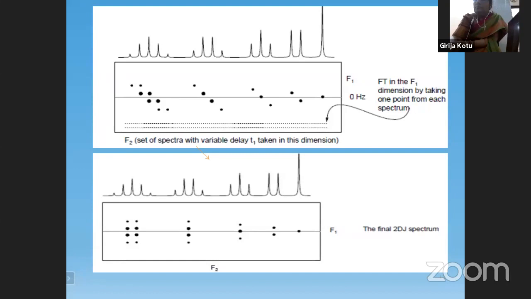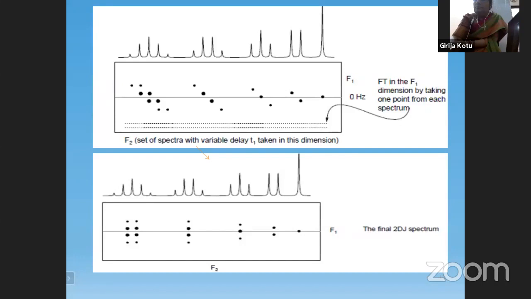A triplet? 3 lines. Whereas in 2D NMR, whether it is a doublet, triplet, quartet, quintet, or multiplet, it will occupy only a single space line on the x-axis. That is where the resolution is possible with 2D NMR.